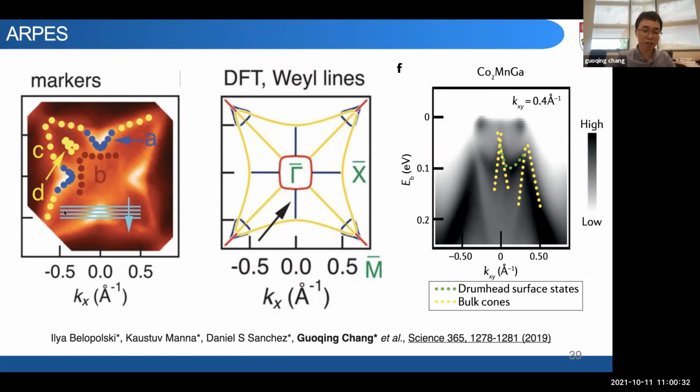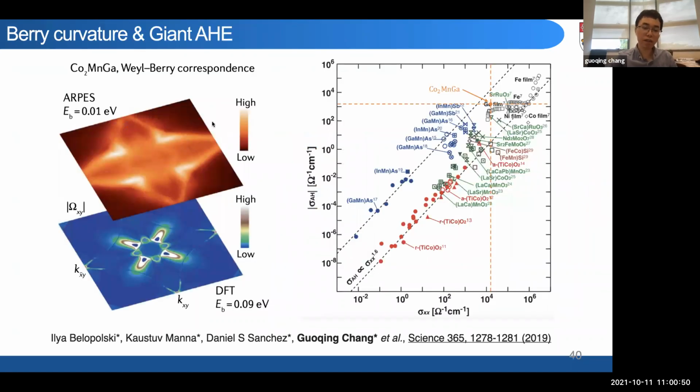And by checking the E-k dispersion, for example along this path, you can see there is a clear linear crossing, as indicated by the white dots. In between, there is a state connecting these linear cones, which is actually the drumhead surface state. In further work, people found that the nodal loop structure in this system contributes to a giant anomalous Hall effect.